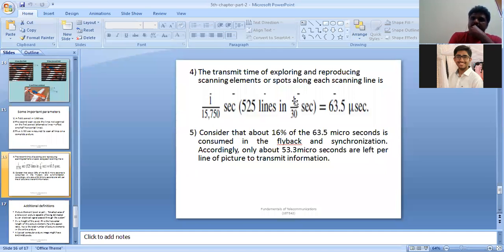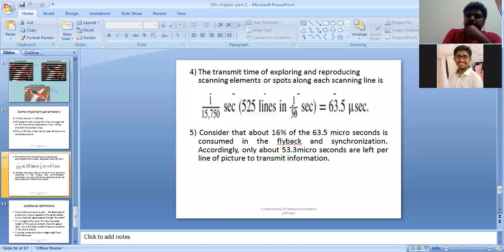second. Then to send one line, how much do you need? I think you have to think in this perspective. 525 lines take 1 by 30 second. Then for one line, how much is required? Will it take more time or less time? Obviously, it will take less time. For 525 lines only, 1 by 30 second. For one line, it has to be a still smaller value.